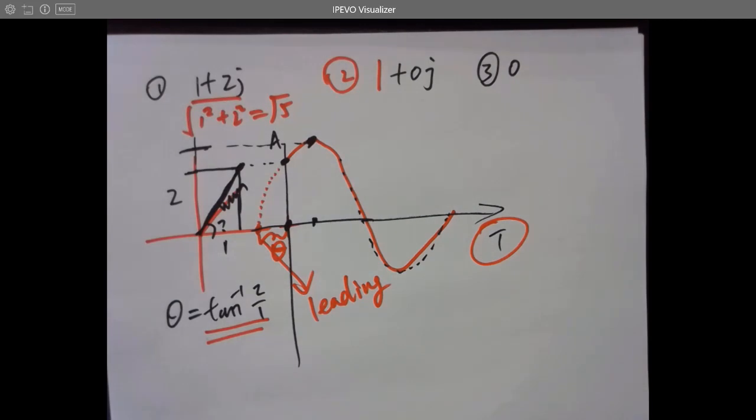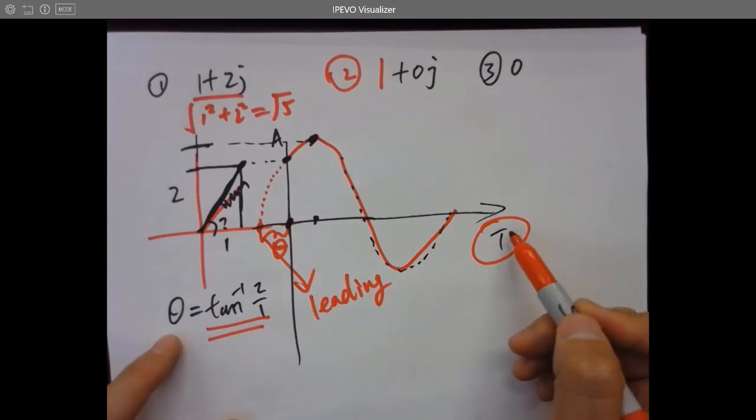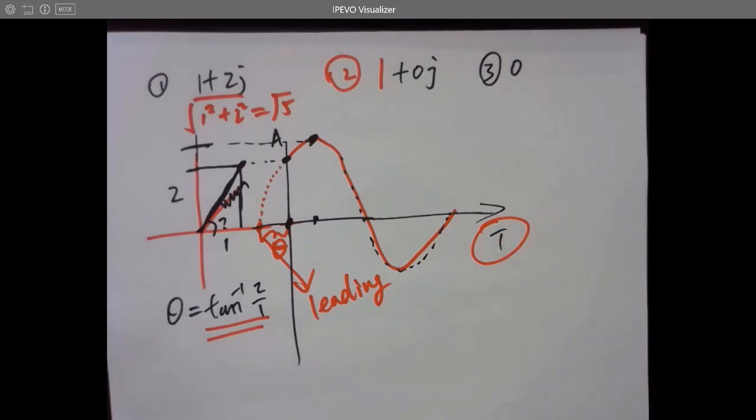Because you are talking about time delay. Phase shift, the unit of phase shift is angle. The unit of time delay is second, right? And now you are talking about something in the time domain, which means you are going to translate this theta into time. How?